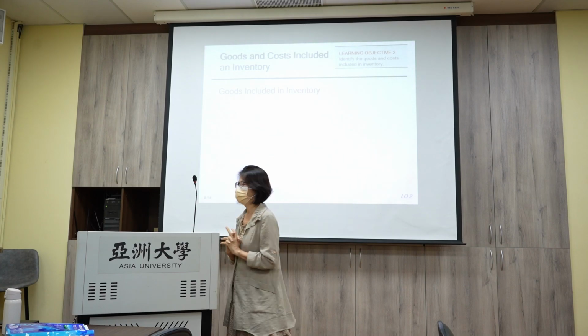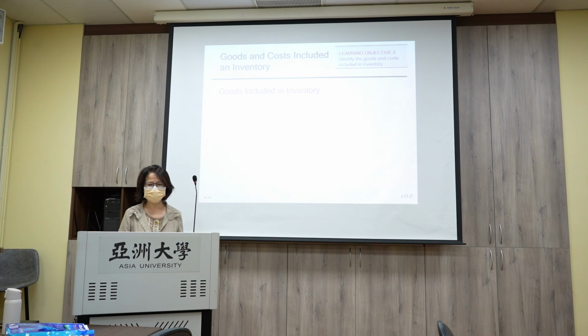The key point here is you should recognize inventory and accounts payable at the time it controls the asset. So the key word is whether the company has the control of the asset. If you have, then you will recognize inventory and accounts payable.